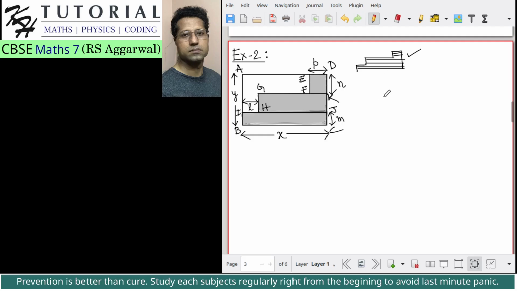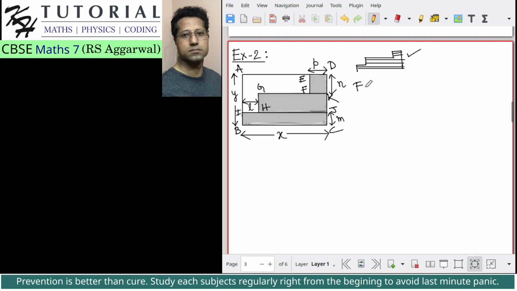Let's see. I'm dividing the region into some rectangles and squares.